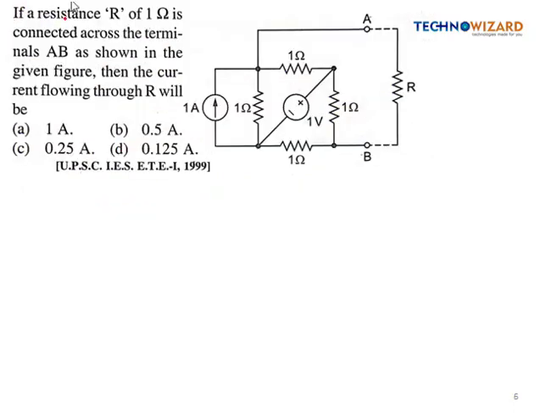If a resistance R of 1 ohm is connected across the terminal AB as shown in the given figure, then the current flowing through the resistor R will be, okay, so if the value of resistance R is 1 ohm, then we have to calculate the amount of current flowing through this resistor R. So basically this circuit can be solved using Thevenin theorem, right?